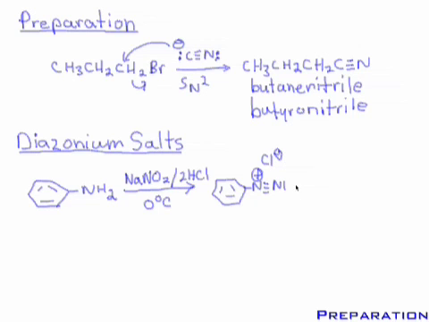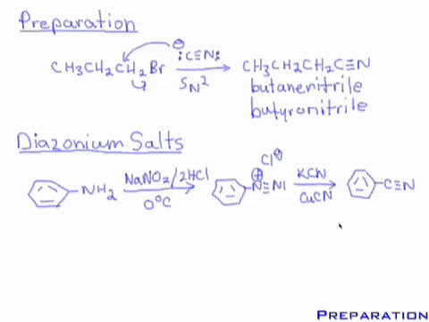One of the reactions we learned regarding benzene diazonium chloride was reaction with CuCN, copper cyanide. If you do this reaction, you will produce benzonitrile.